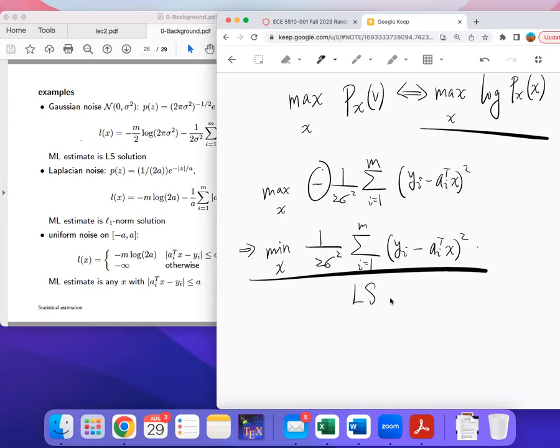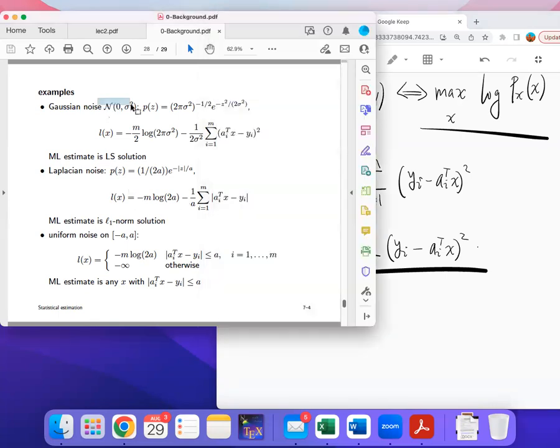And here we actually see what this least square originates from, right? It starts from that maximum likelihood model and assumes the noise follows a Gaussian distribution, right?